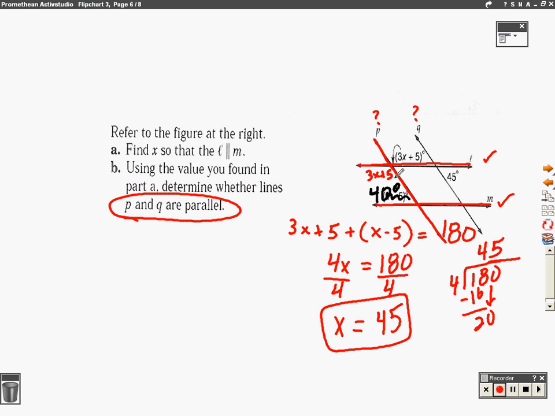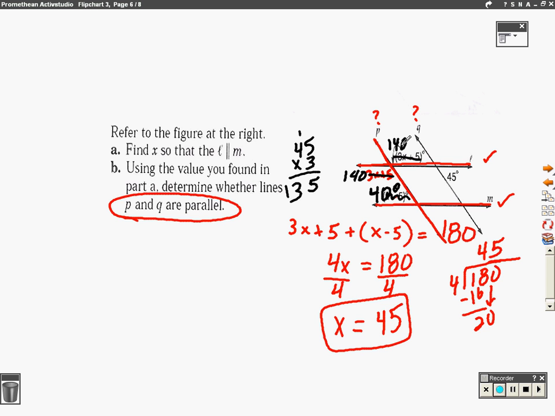This was 3x plus 5, so it's 3 times 45 plus 5. So 45 times 3, 135 plus 5 is 140. And I knew that also because they're supplementary. If that's 140, it makes this one 140.